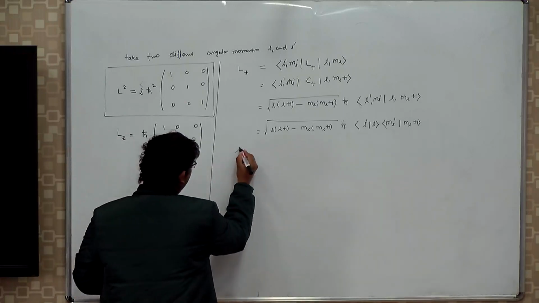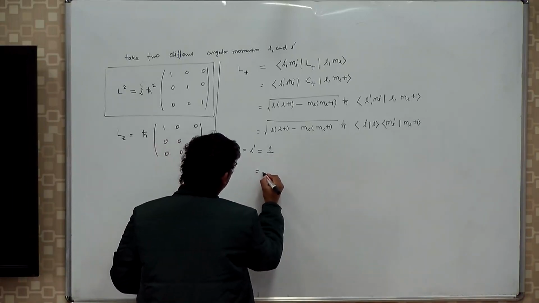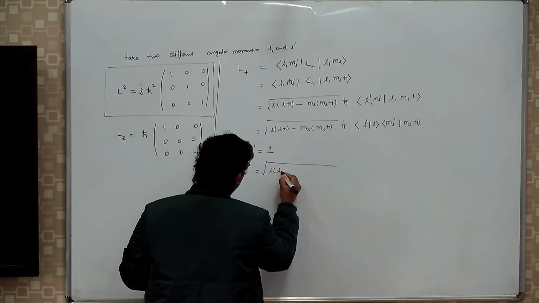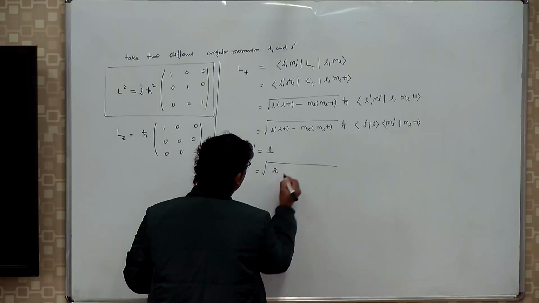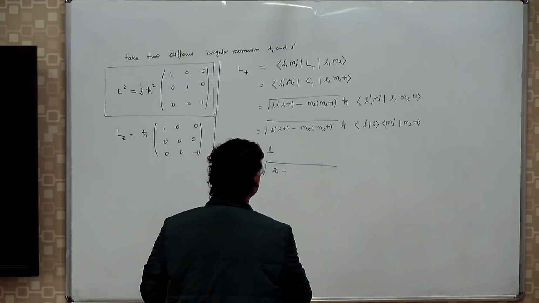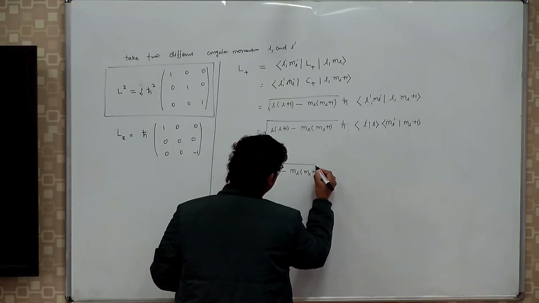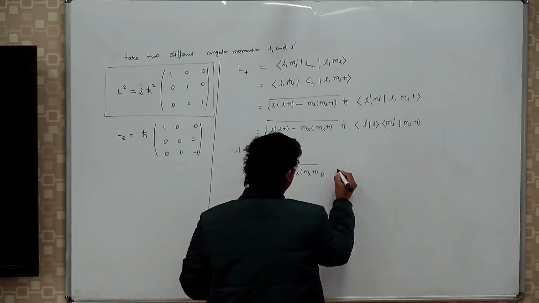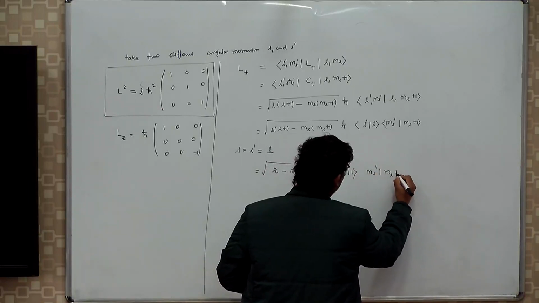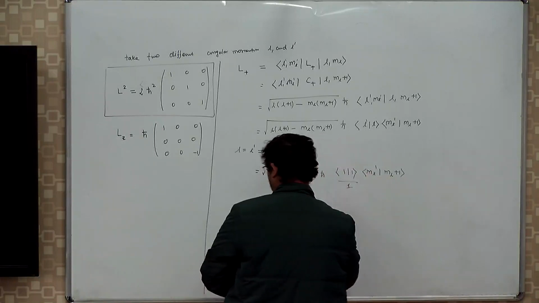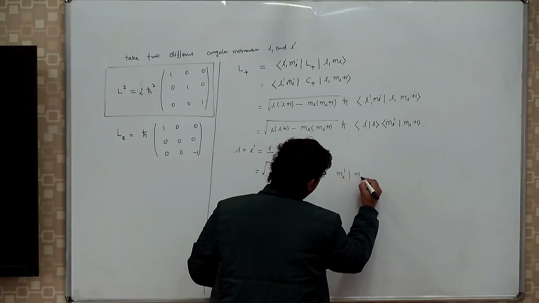Now if we apply L equal to L dash equal to 1, then in the above expression L(L plus 1) gives 2, so it is the square root of 2 minus m_l(m_l plus 1), times ħ. The inner product of 1 with 1 is 1, so we can remove this value. Finally it can be written as the square root of 2 minus m_l(m_l plus 1), times ħ, times ⟨m_l'|m_l plus 1⟩.